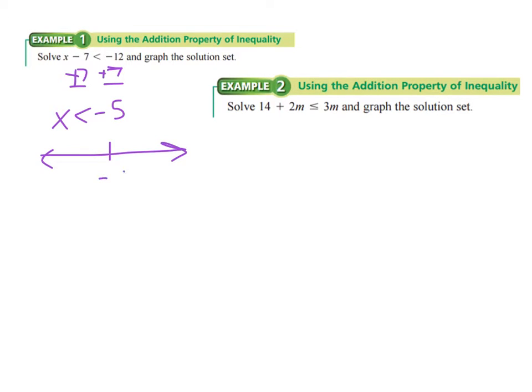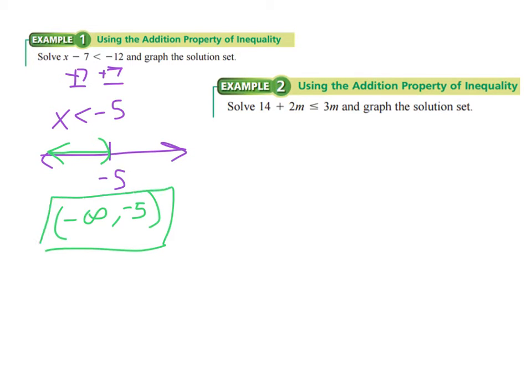So if I put my negative 5 here, I'm going to change color so it's easy to see. x is less than negative 5, so that would be going to the left. So we point the parenthesis that way. From there, I can see a little easier what the interval notation will look like. So here's my interval notation, and then we've got our graph as well.